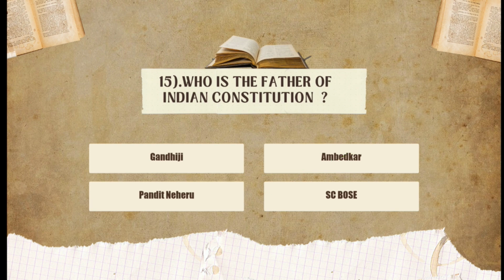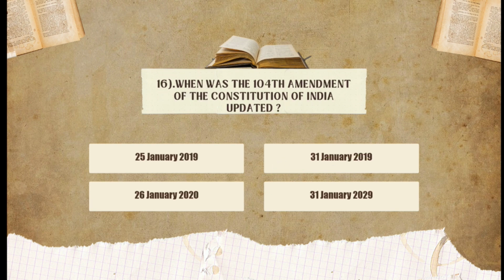Okay, next question, question number 16. When was the 104th amendment of the Constitution of India updated? The options are: A, 25th January 2019; B, 26th January 2020; C, 1st January 2019; and D, you can eliminate, this is a wrong option.